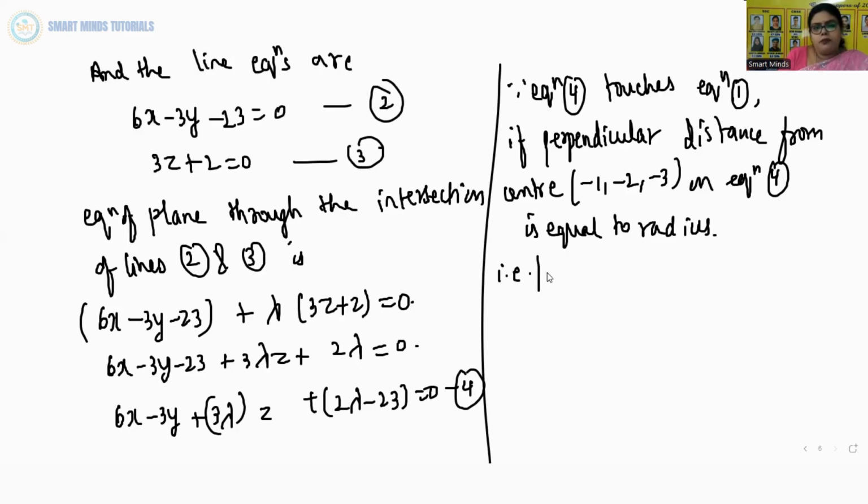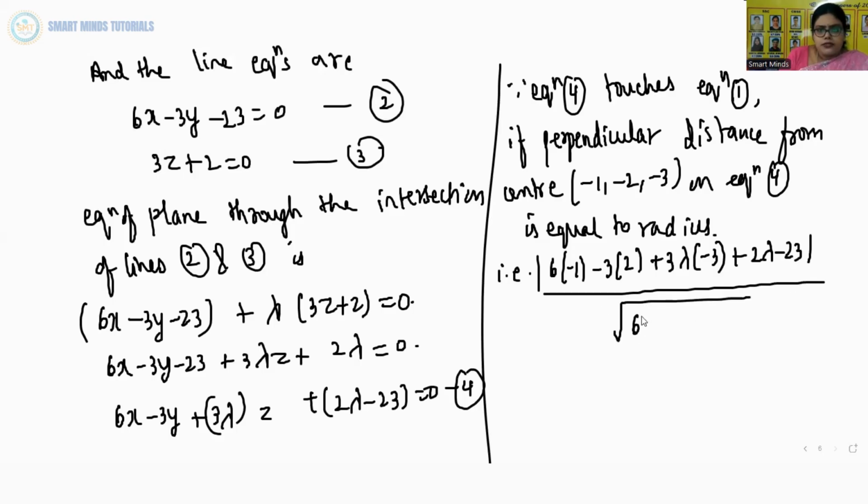Now we apply the perpendicular distance formula, that is ax1 plus by1 plus cz1 plus d by root a square plus b square plus c square. This is the formula for perpendicular distance. Now we see how we apply it. So 6 into minus 1 minus 3 into 2 plus 3 lambda into minus 3 plus 2 lambda minus 23 by root over 6 square plus minus 3 square plus 3 lambda square equals root 21.